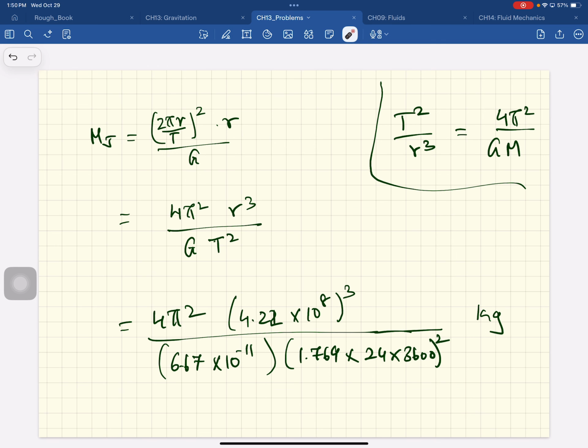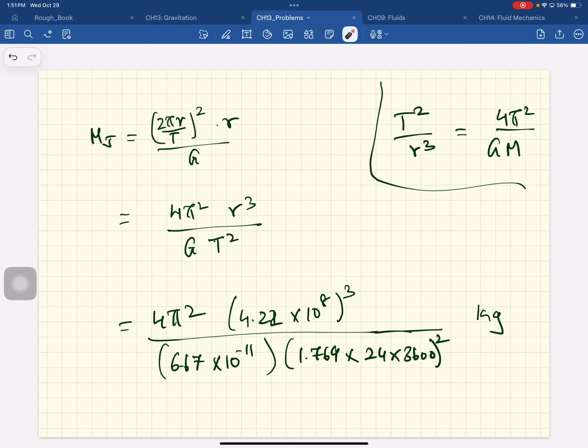All right, I'll try not to make a mistake here. That's 10 to the 24 in the numerator. And you guys help me along. What is the Earth's mass? 6 times 10 to the 24. And Jupiter's mass is, I don't know, maybe between 100 to 1,000 times more than that.